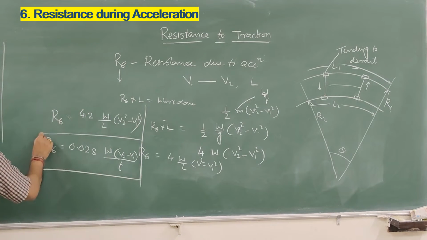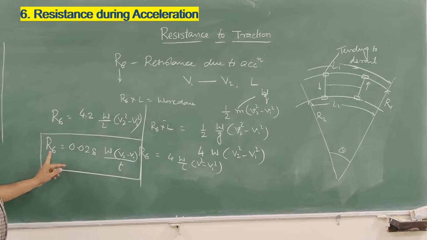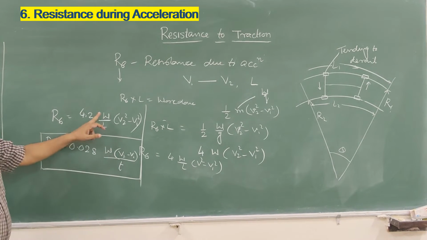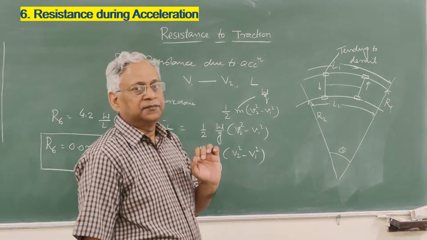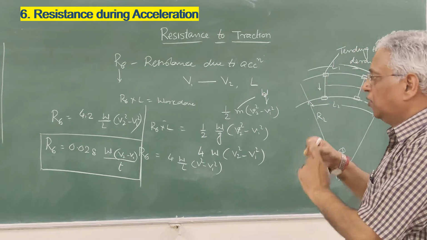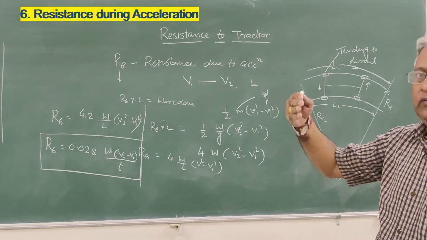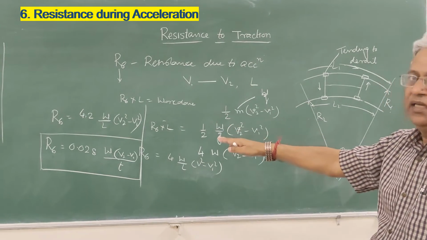Here V1 and V2 are in kilometer per hour, time is in second, and the unit of R6 is in kg and W is in tons. Now this extra force is required only when the train is to accelerate from speed V1 to speed V2, either in length or in a given time.